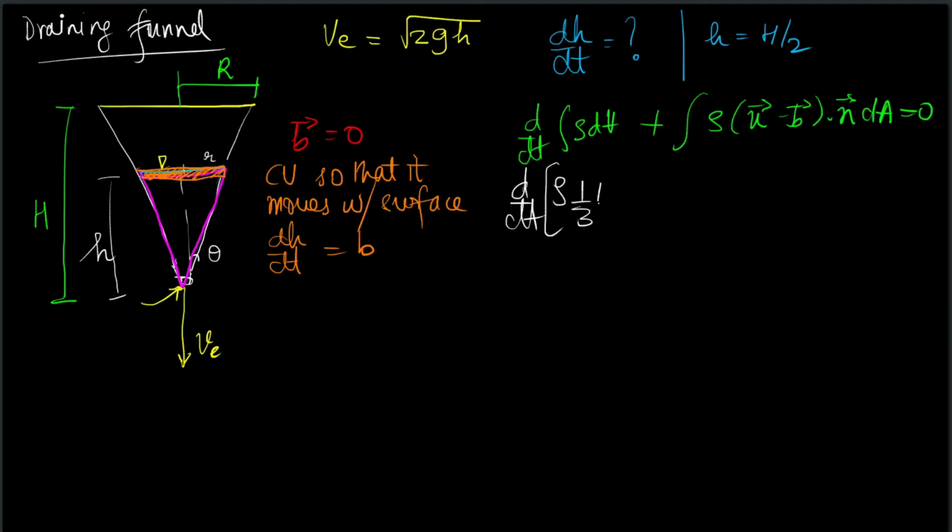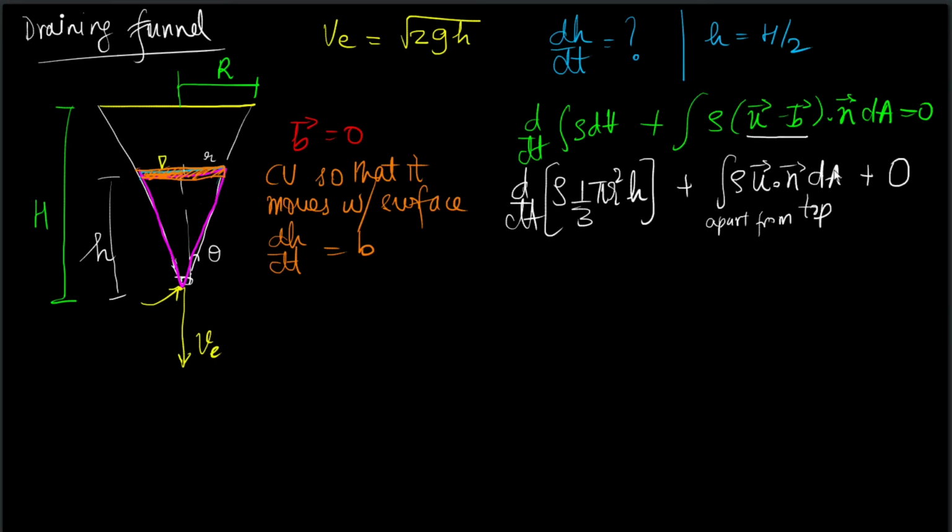So volume is 1/3 pi r squared h plus, so rho (u minus b) dot n cap, it will be rho u dot n dA for all surfaces apart from this top surface, and for the top surface it will be 0 because u minus b for the top surface is equal to 0. So now there is a relationship between r and h. Basically r over h is equal to tan of the half angle.